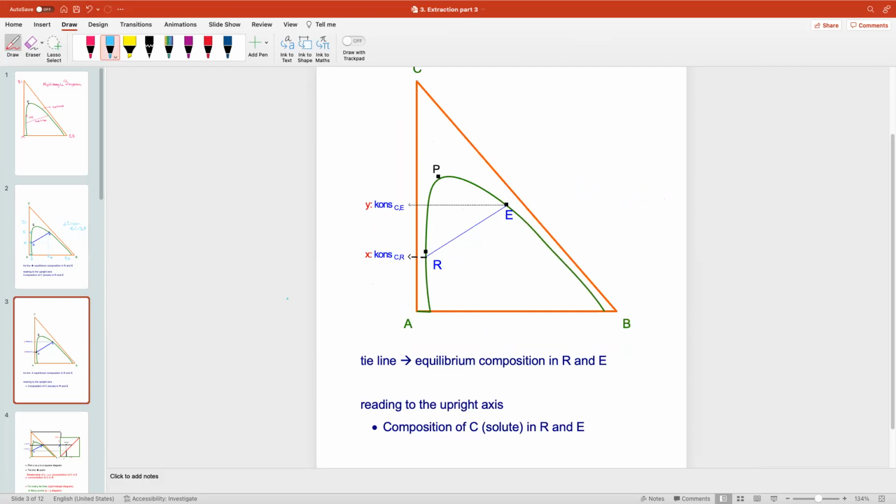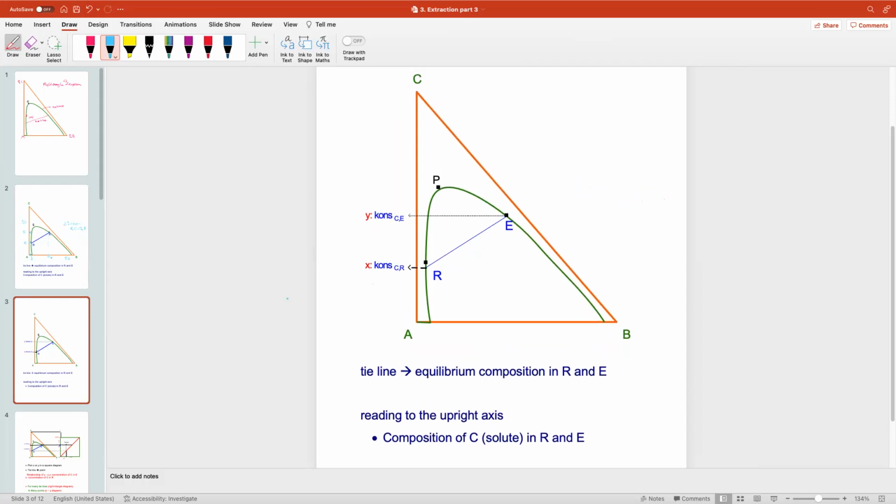Okay, so now we're going to construct a new diagram, and this diagram we will convert into an XY diagram, small x and small y. This type of diagram is really beneficial for distillation, absorption and also extraction, because any point in the graph can tell you a relationship between x and y.